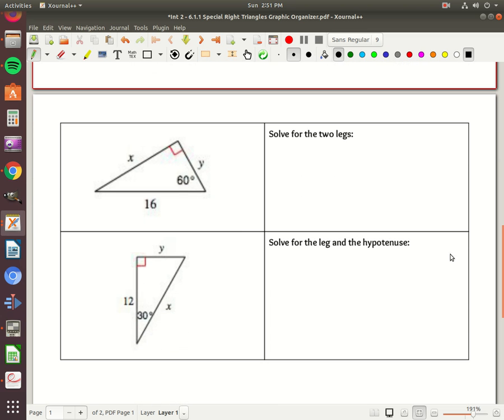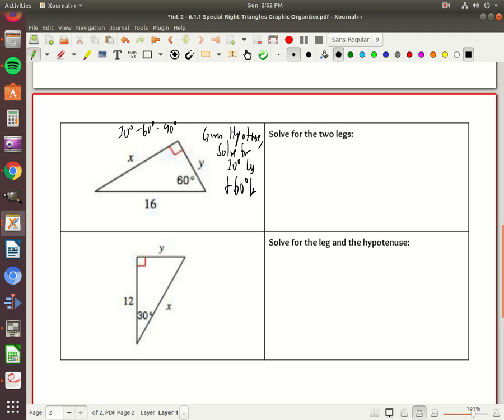All right, so now, what if we're given the hypotenuse? So I know this is a 30, 60, 90 triangle, and on this one, we are given the hypotenuse, and we need to solve for the 30 degree leg and the 60 degree leg. You can do it a couple of different ways.